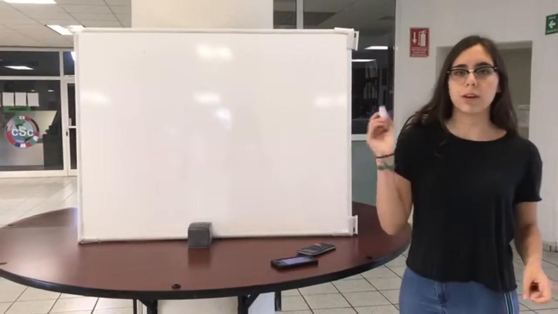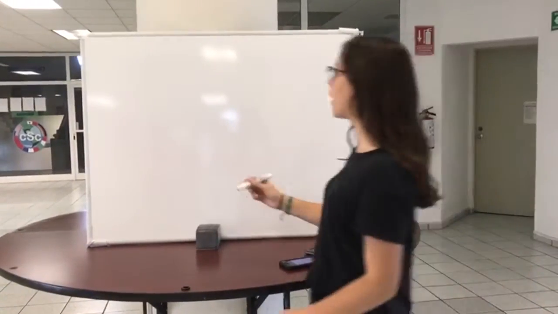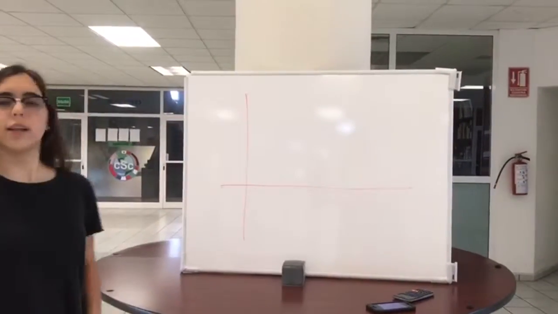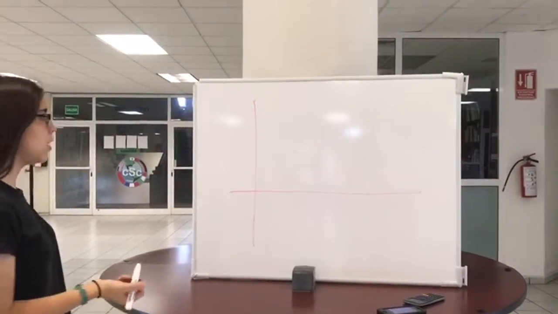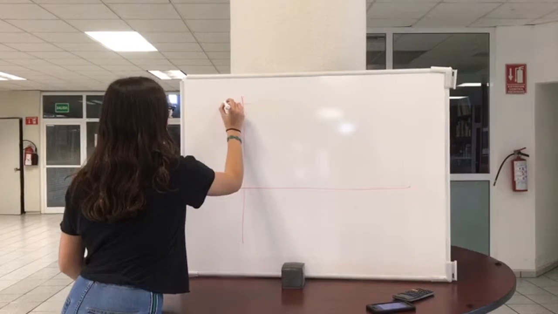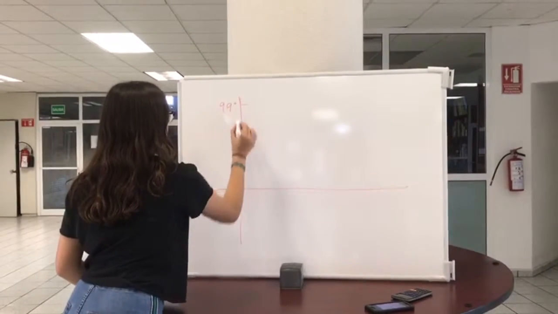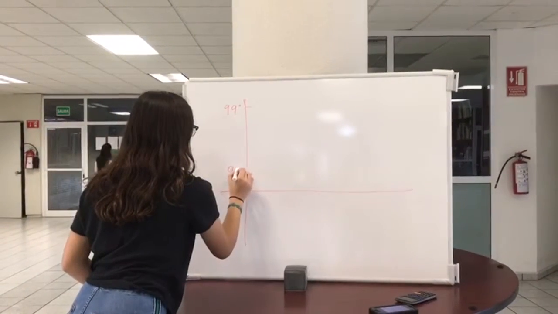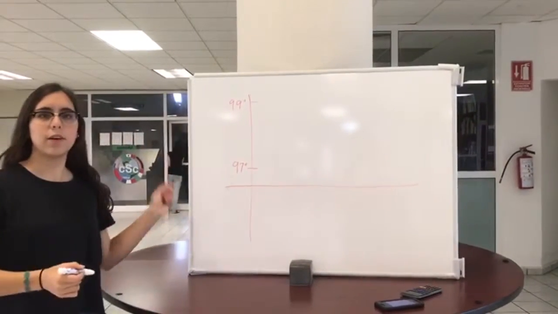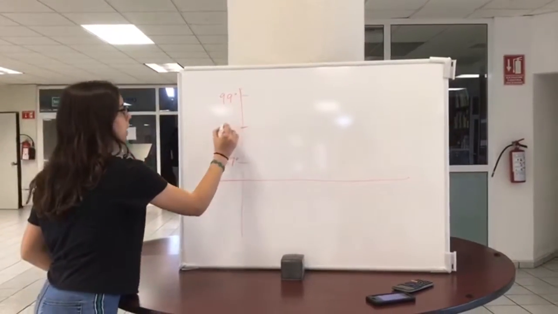Okay, so we're going to start drawing the sine function. We need to identify the points in the sine function. The highest was 99 degrees and the lowest was 97. Okay, so the middle of these 2 degrees is 98.